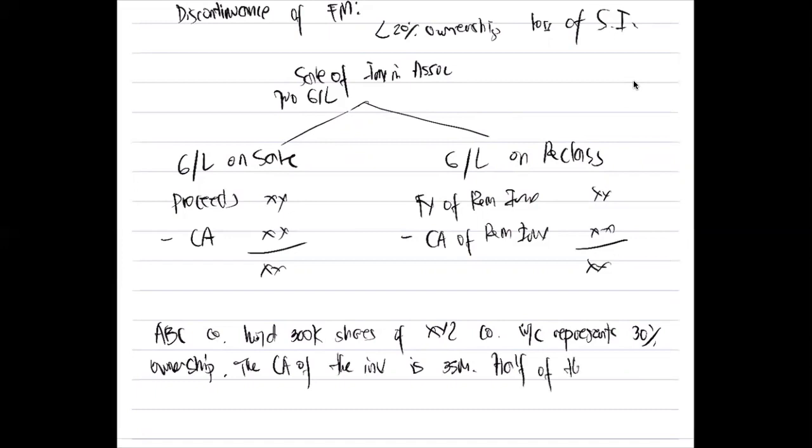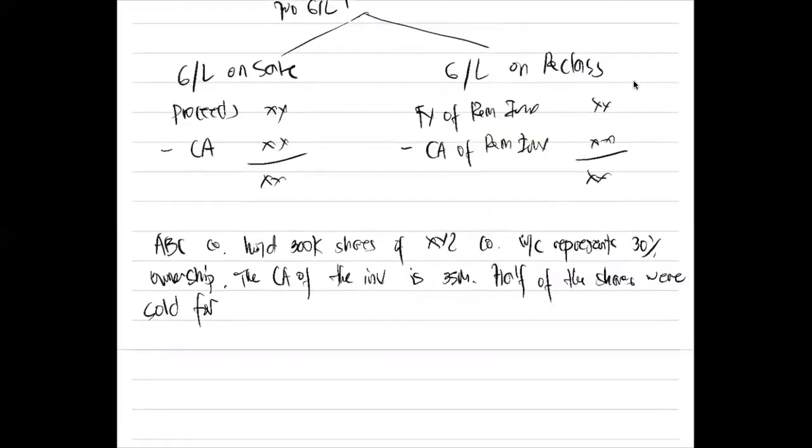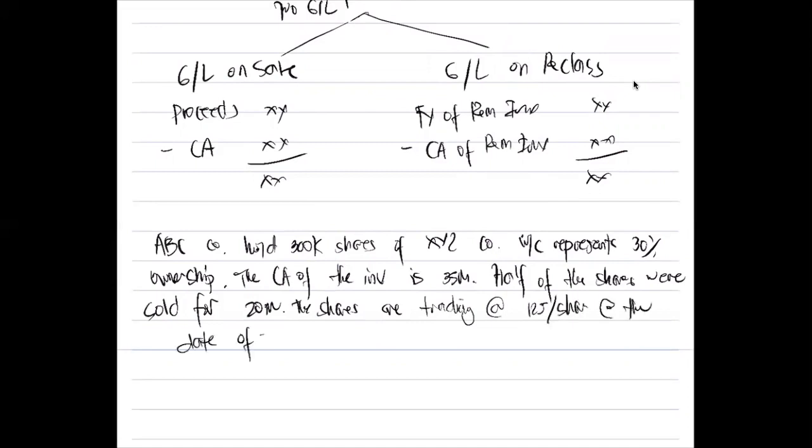Half of the shares were sold for, let's say, 20 million pesos. Okay? And then the shares are trading at 125 per share at the date of sale.